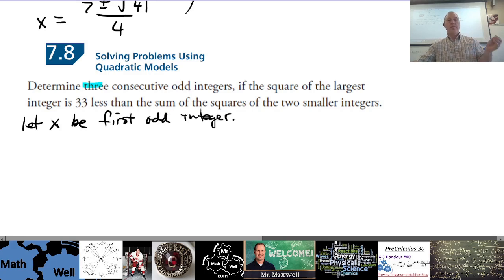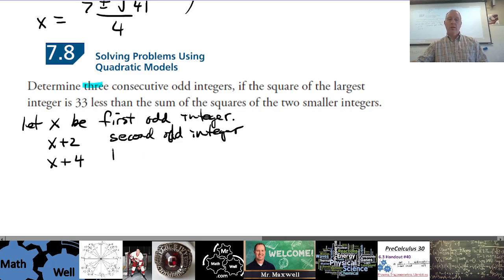I can just let x be the first number. Now all of the other numbers have to be related to this x. Okay, so x plus 2, guess what that is? That's the second odd integer. Okay, and then the third one would be x plus 4. The third odd integer in a row.